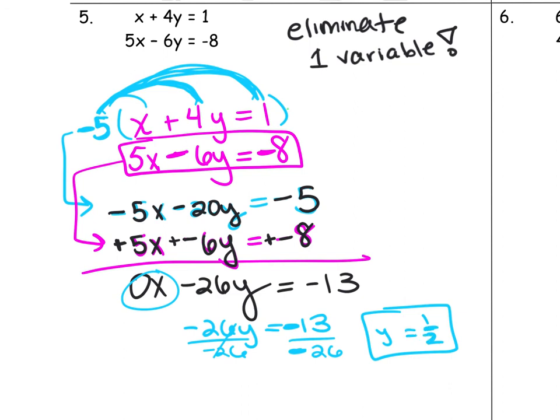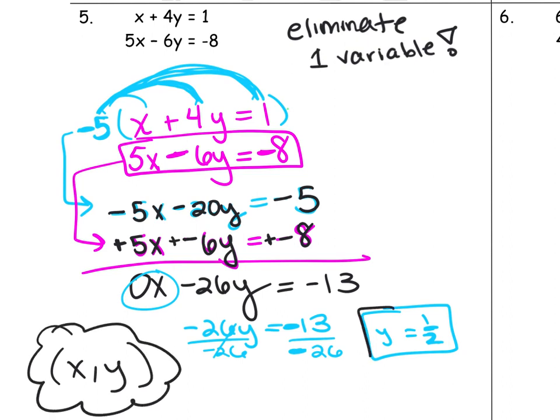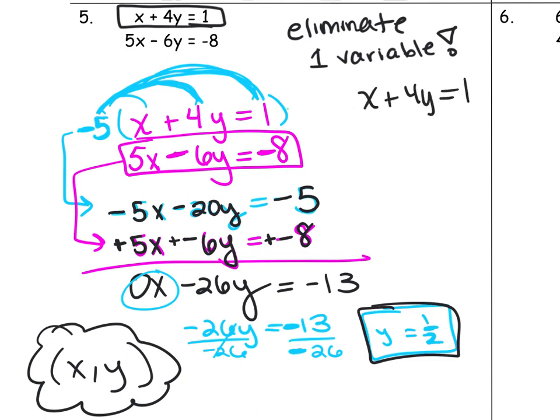We're almost done. We need to solve for x. We're not done because a solution to a system of equations is x comma y. All you gave me right now is y. So we got to plug back into one of the equations. Let's go with the top one. It does not matter which one you plug back into. So we have x plus 4y equals 1.